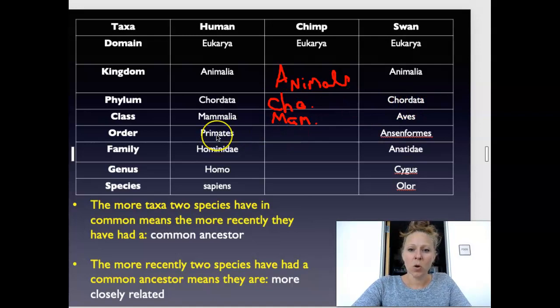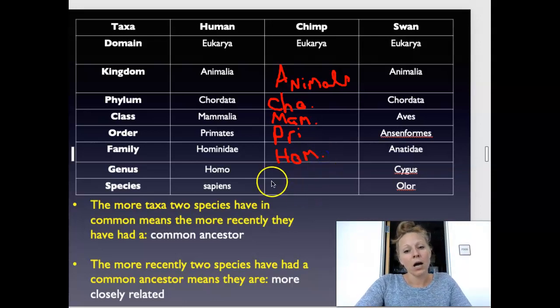So let's move on. Are chimpanzees primates? Do they have eyes on the front of their head? Yes, they do. So let's put that in here, primates. And do they walk on two feet? Are they bipedal? Yes, they are. They're hominids. So we have a relatively recent common ancestor with chimpanzees.